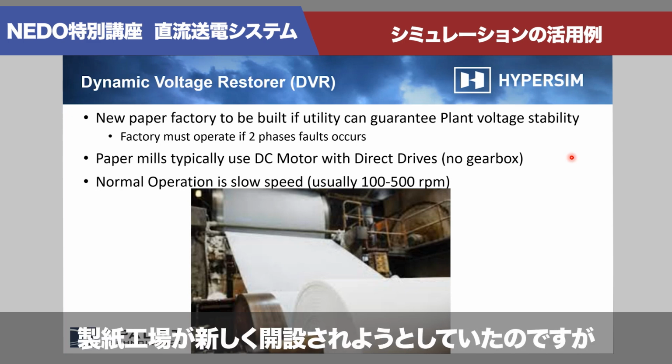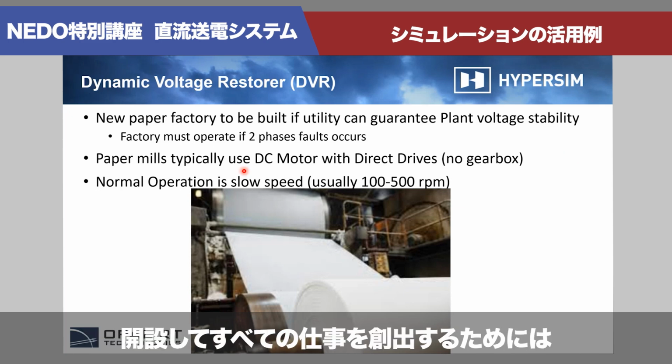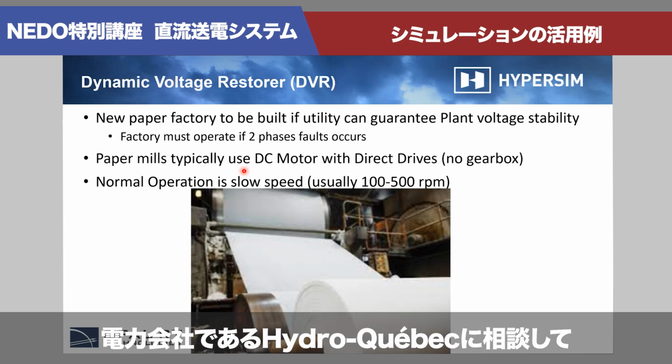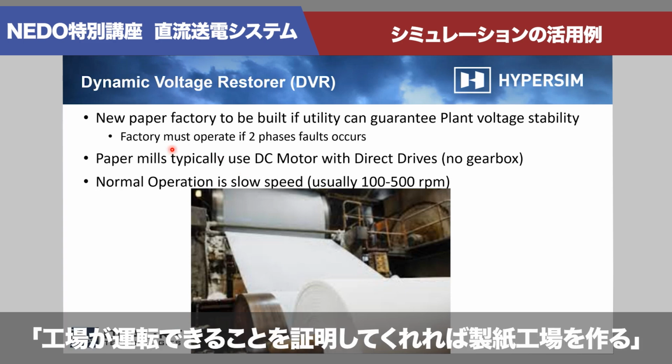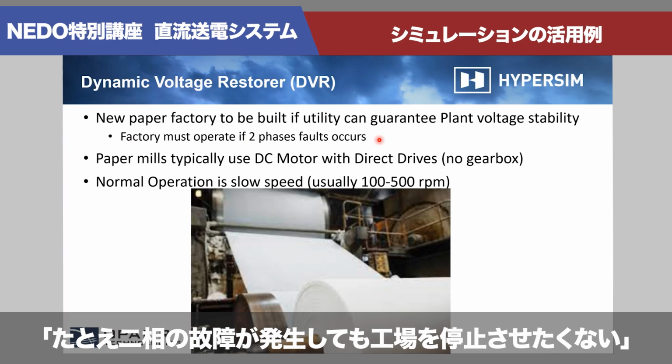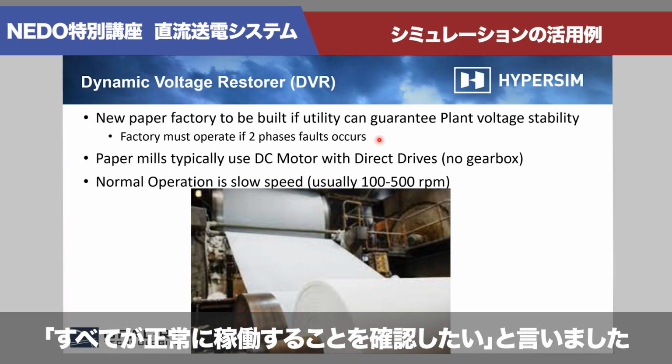A new factory wanted to open, and in order to create all the jobs, they came to see the utility company, Hydro-Québec, where I was working previously. They said, we will make a paper factory if you can prove to us that the factory will operate if you have a two-phase fault on the grid. Even with the two-phase fault, we don't want a factory shutdown. We want to make sure everything is working.